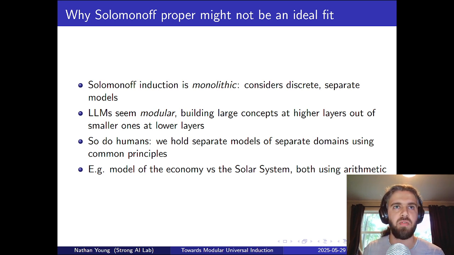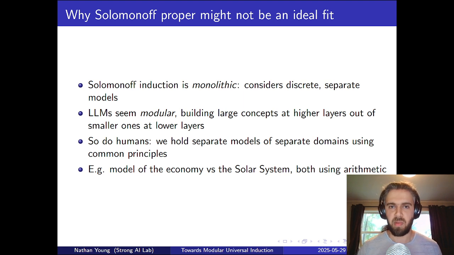And humans seem to reason in a way that's non-monolithic as well. We hold different models for different domains. My model of the economy is quite different from my model of the solar system, but both of them use my understanding of arithmetic, also of things like calculus and linear algebra. And we teach children things like arithmetic because it's useful in so many different domains.